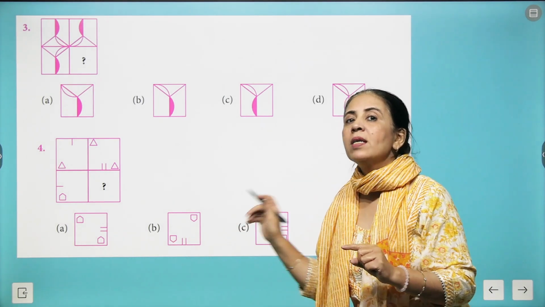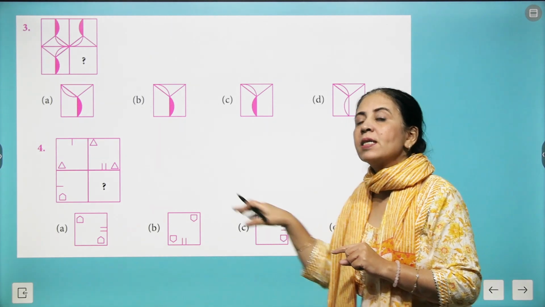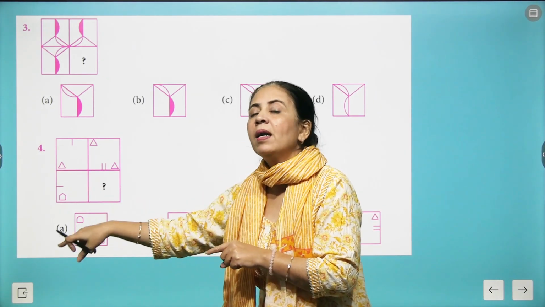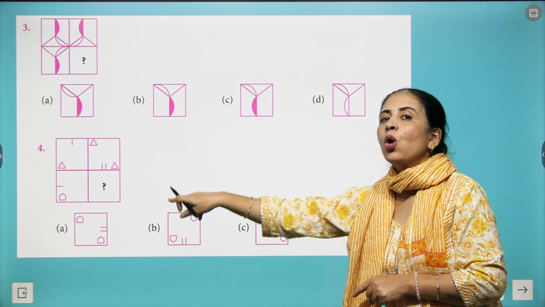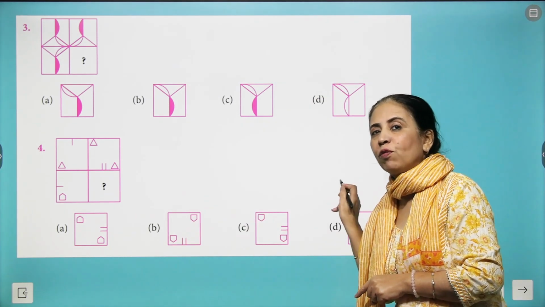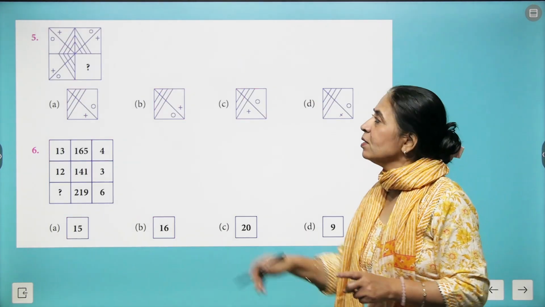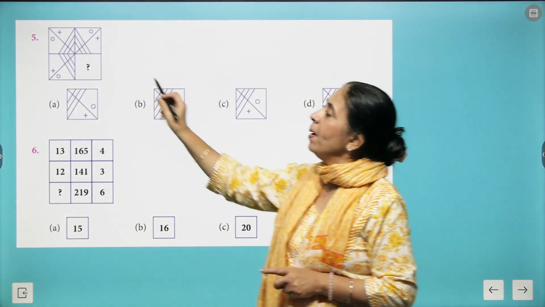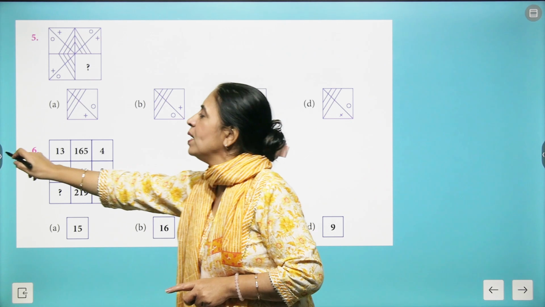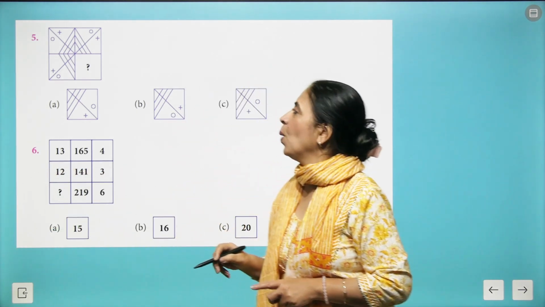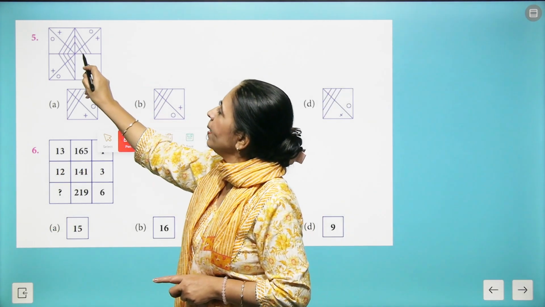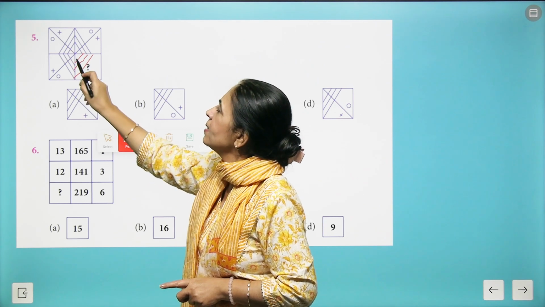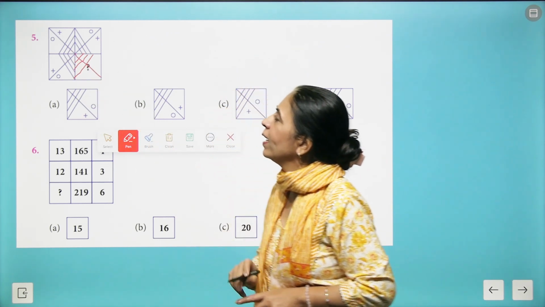And the best way is, instead of looking for the options, let's try to fill the blank space looking at the symmetry pattern and check which of the given options matches. And further, you can complete this web by adding a few lines over here. I'll guide you how to do it. So let's complete it by drawing the lines like this, and we complete the figure like this.